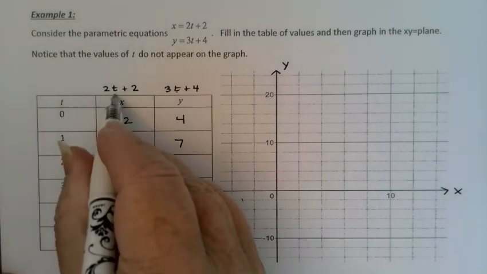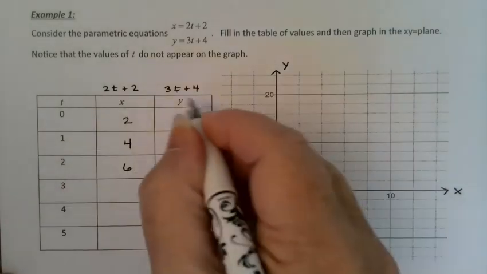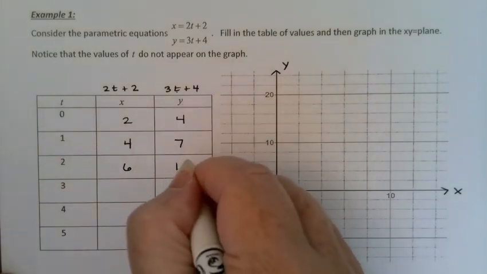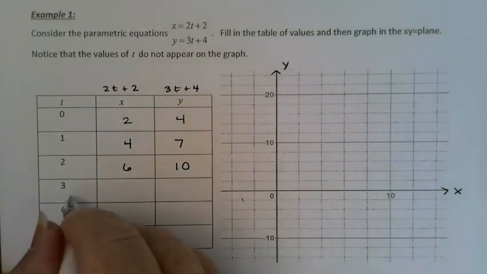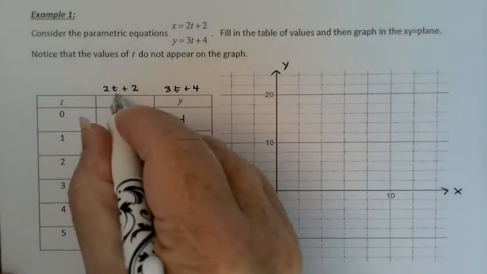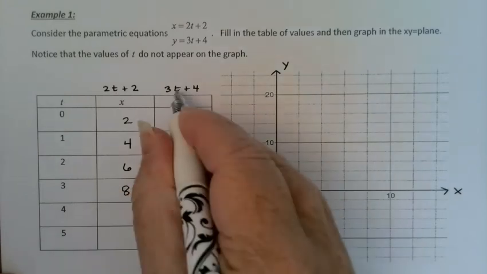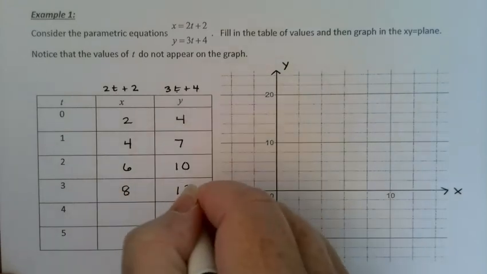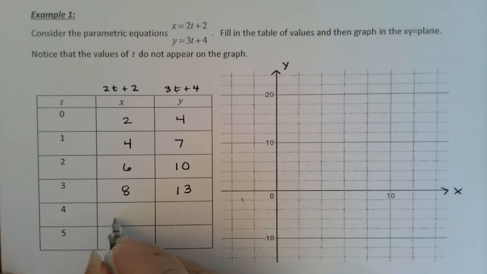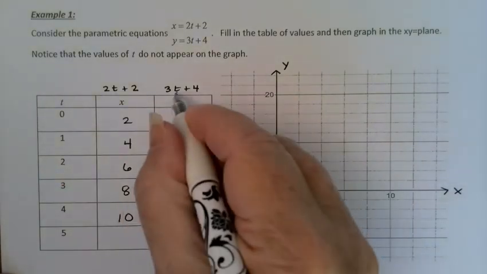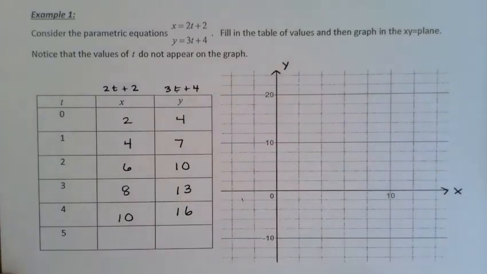If t is 2, 4 plus 2 is 6, 6 plus 4 is 10. Plugging in 3 gives me 8, 13. Plugging in 4, 8 plus 2, 10, and 12 plus 4, 16.